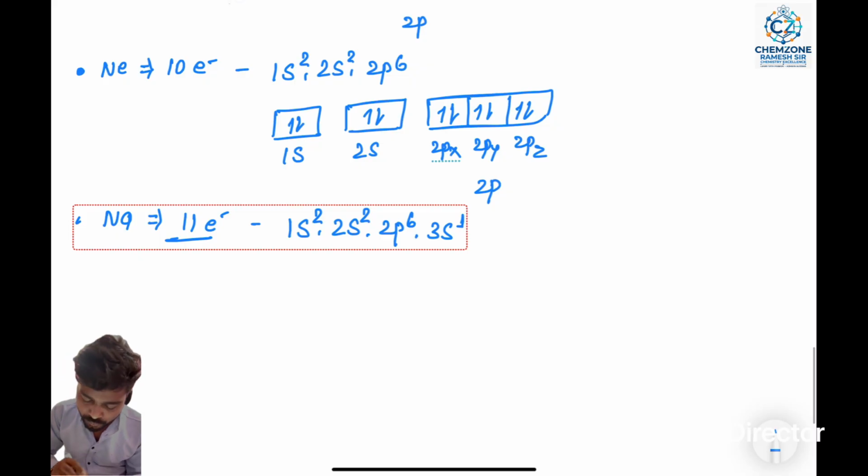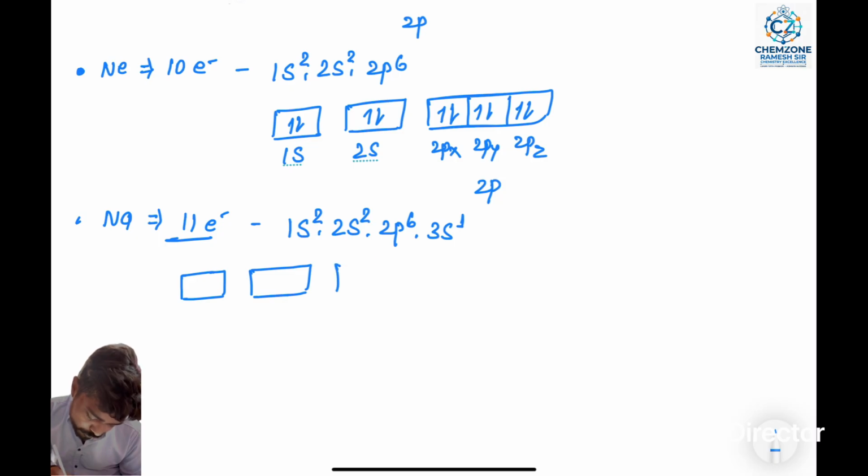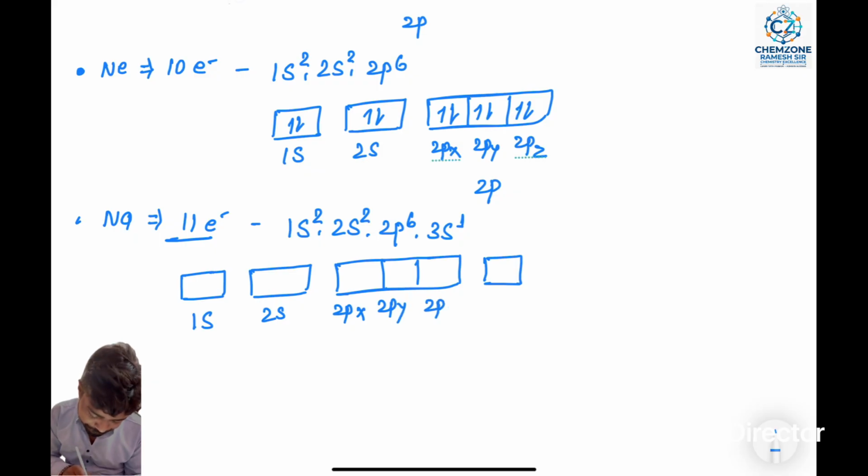So one orbital is increased. So 1s, 2s, 2p and 3s. Okay, 1s, 2s, 2px, 2py and 2pz, and that is your 3s.